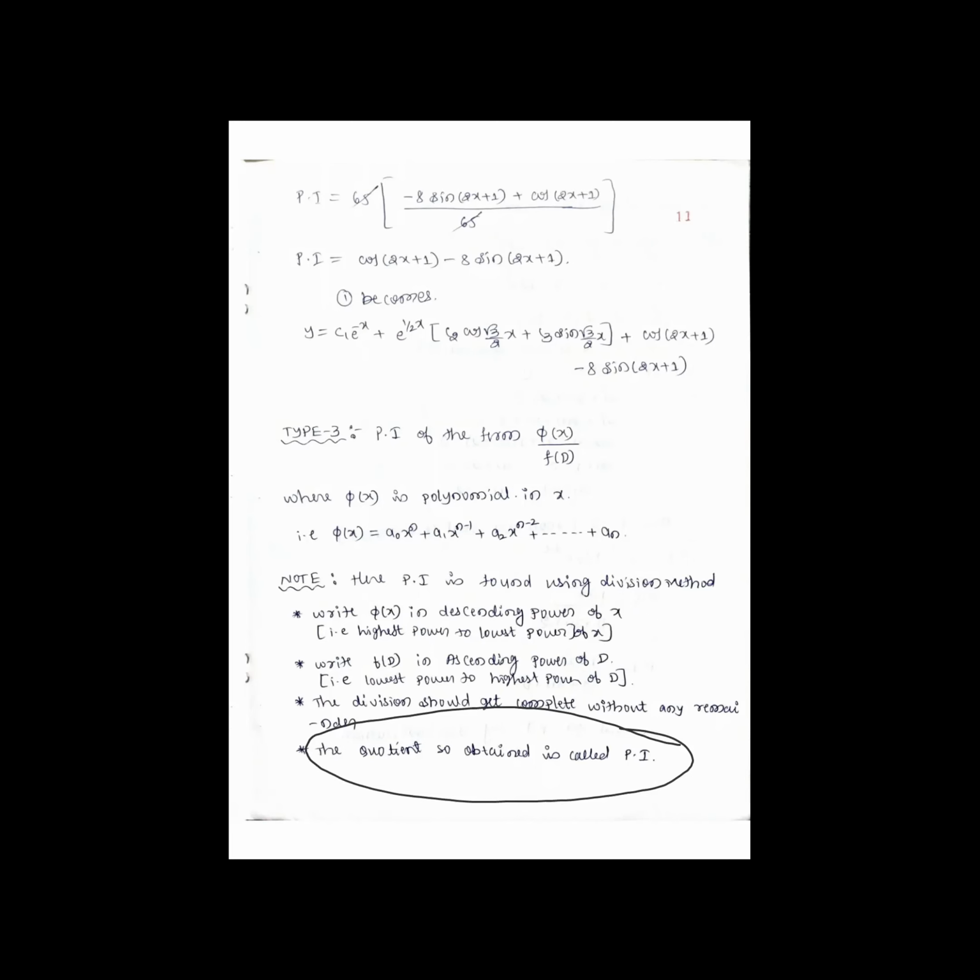Understood how the particular integral is obtained in type 3? Phi of x, the numerator, we arrange from highest to lowest power. The denominator we arrange from lowest to highest power.